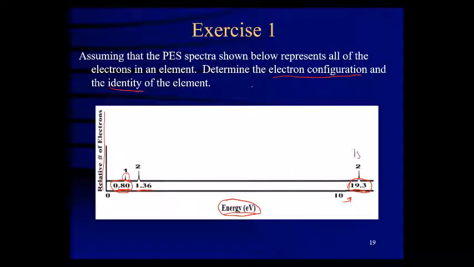This is the 1s, good. So that means the next peak over is going to be the what? The 2s, good. And then this one, of course, comes after the 2s is the 2p. Very, very good.